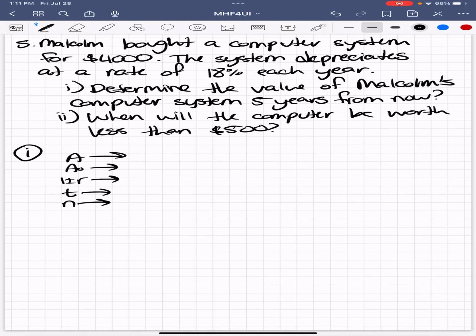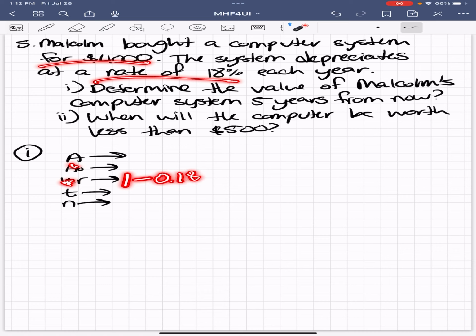So we know that the computer system was bought initially for $4,000, so our initial amount, or A0, is going to be $4,000. We know that the system depreciates at a rate of 18% per year, so it's going to be 1 minus 0.18, and I think it's 0.82.